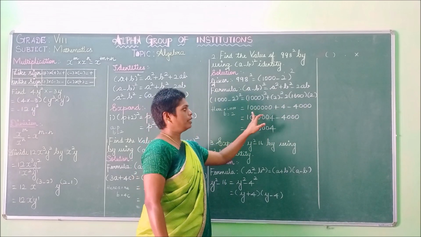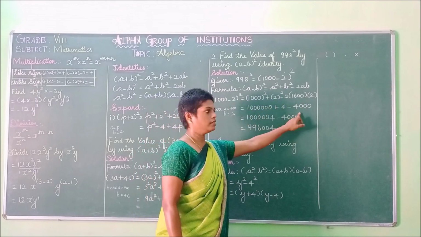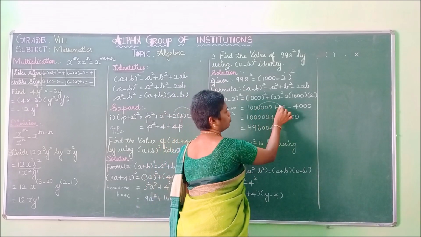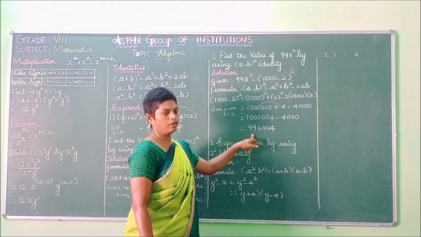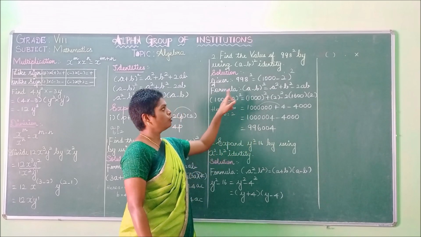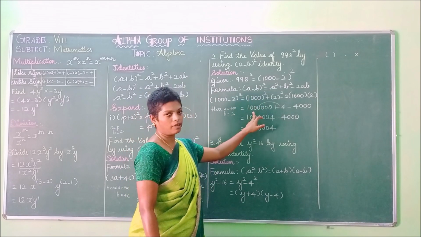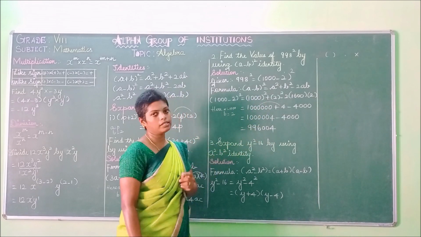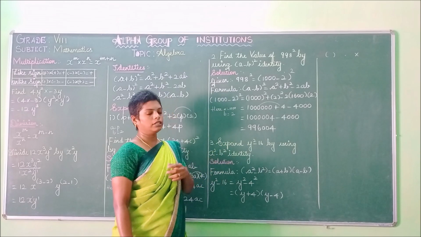You have to add these two values, afterwards you subtract, and you get the answer like this. So first you have to relate with the formula, afterwards substitute the values, then only you can find this value. Then move on to the next one, for the third identity.